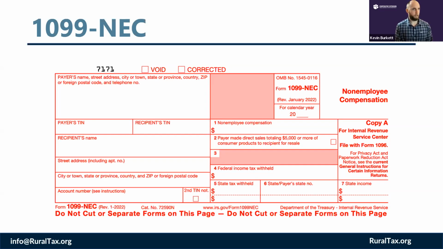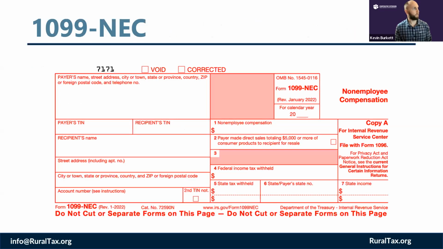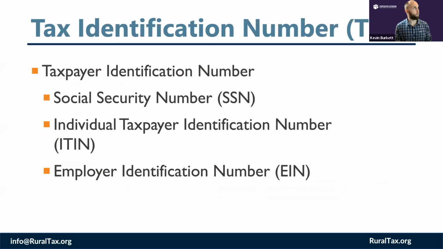So this is the copy A, but then you'll see the copy B, copy C, and so on. And with this form, it's important. So you'll see, the payer's name, the payer's TIN, the recipient TIN, and some of the information related to the recipient. It's important to get the TIN, the taxpayer identification number, from them.